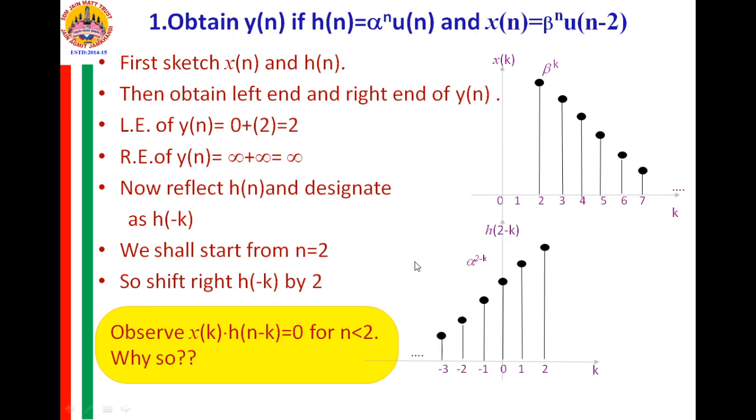So the product x of k into h of n minus k will be equal to 0. Now onwards the product will start, that is from n is equal to 2 onwards. So the product exists for k is equal to 2 when n is equal to 2. So this is n and this variable is k.